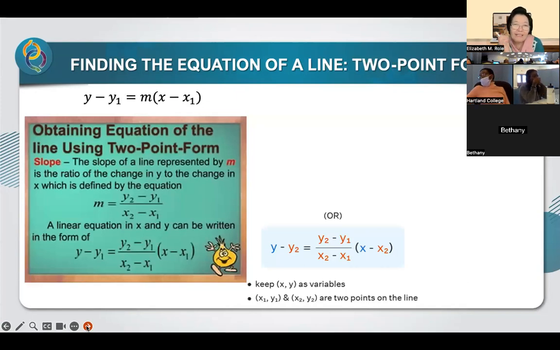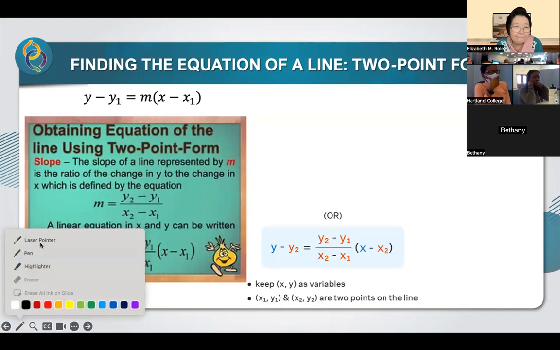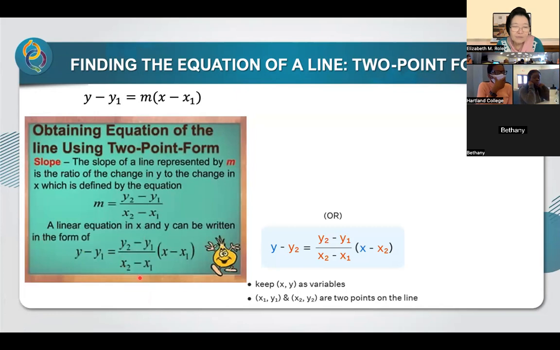And then the last way of finding the equation of a line is what we call the 2-point formula. This is used when you know 2 points of a line. If you know 2 points of a line, then you can use the formula y minus y sub 1 equals y sub 2 minus y sub 1 over x sub 2 minus x sub 1 times x minus x sub 1.